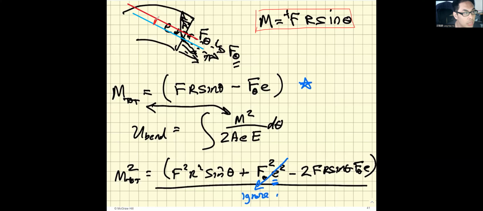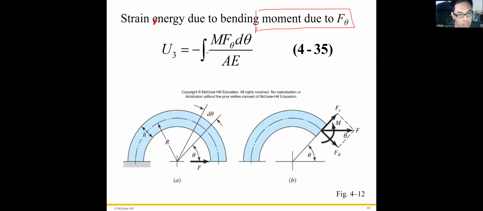However, due to the distance and the axial load, let's go back to this. There's a bending moment due to this F, therefore F times R sine theta.